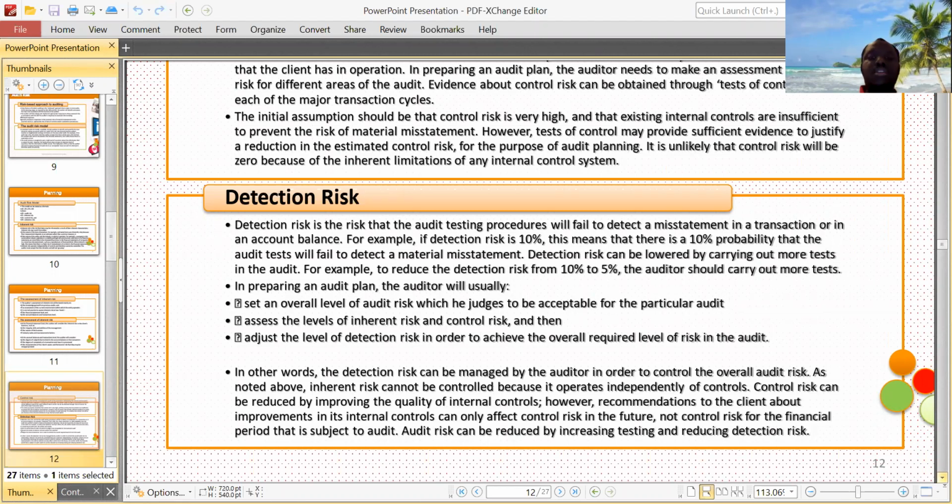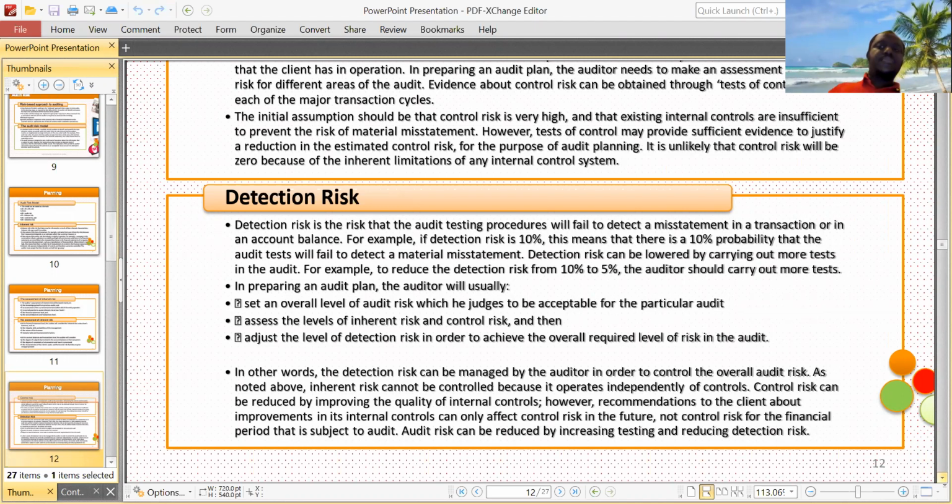In preparing an audit plan, the auditor will usually set an overall level of audit risk. He will also assess the levels of inherent risk and control risk, and he will adjust the level of detection risk in order to achieve the overall level of risk in the audit.